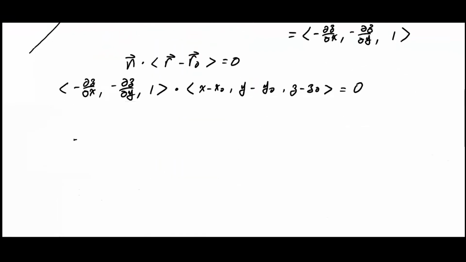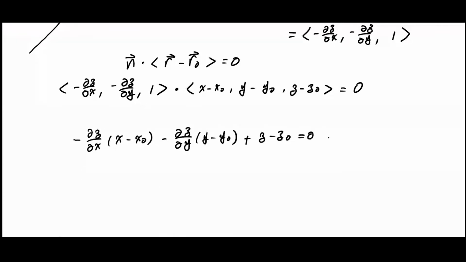So I'm going to have negative partial z over partial x times x minus x naught, minus partial z partial y of y minus y naught, and plus c minus c naught is equal to 0. Good.